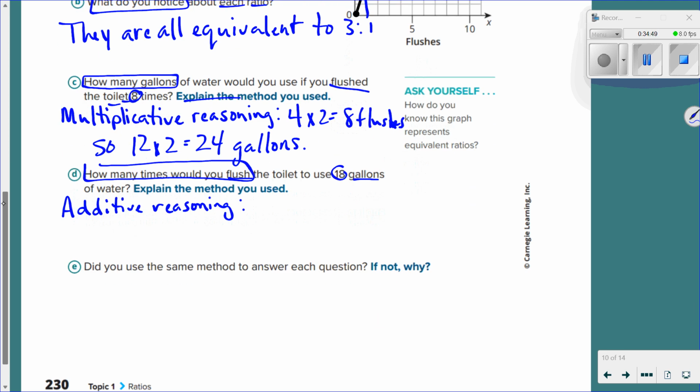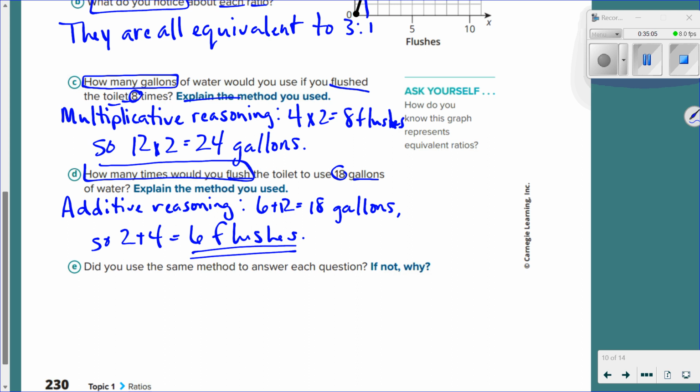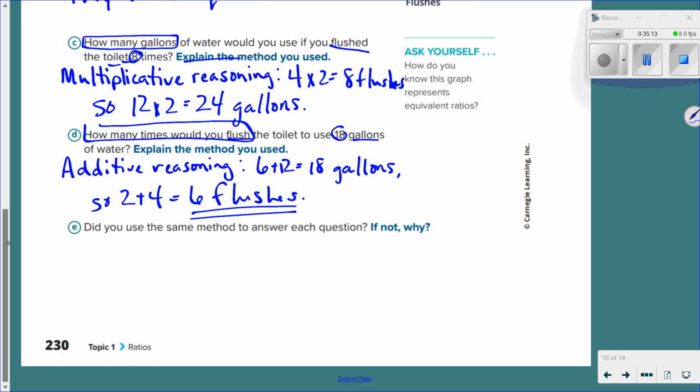So we said 6 plus 12 equals 18 gallons. So 2 plus 4 equals 6 flushes. Did I use the same reasoning? No, but could have I? Yes. So that one is honestly just up to you guys.